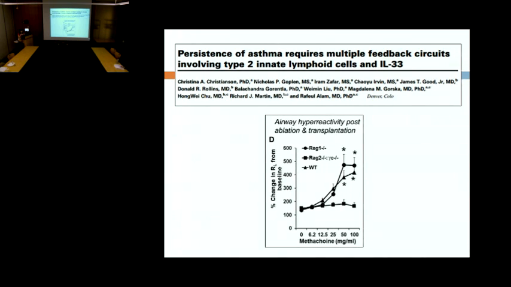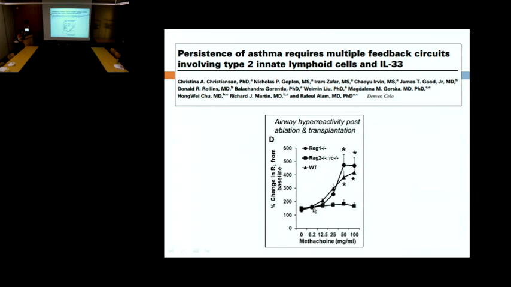The other was deficient in T and B cells as well as ILC2s specifically. They transferred the bone marrow from these knockout mice to irradiated mice with chronic asthma. This is the T and B cell deficient only group, and this is the T and B cell and ILC2 deficient group.